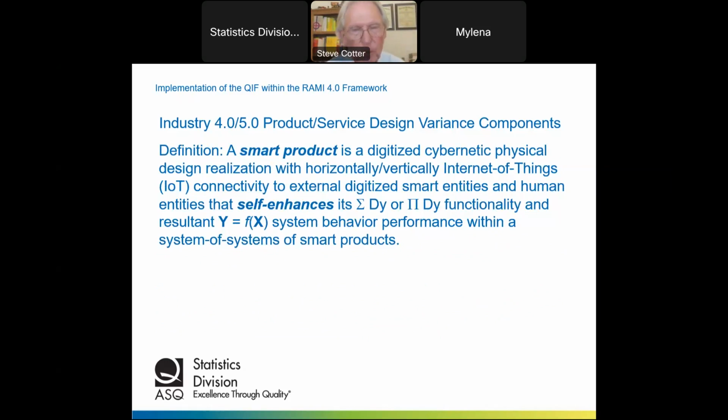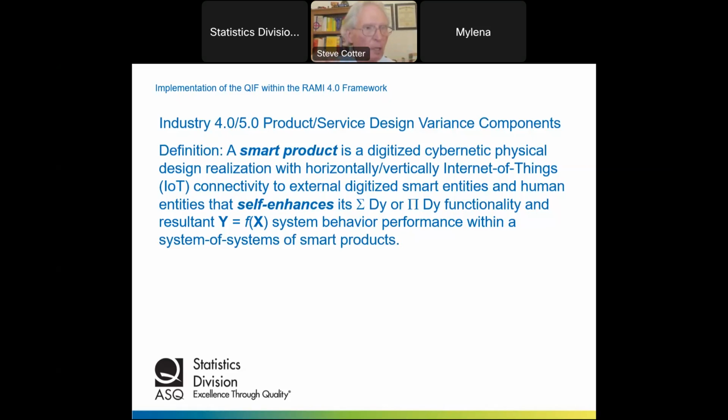I'm looking for peer review and feedback from others interested in this research on the impact of Industry 4.0 technologies on the transformation from Industry 3.0 technologies. My definition of a smart product is a digitized cybernetic physical design realization with horizontally, vertically, Internet of Things connectivity to external digitized smart entities and human entities that self-enhances.